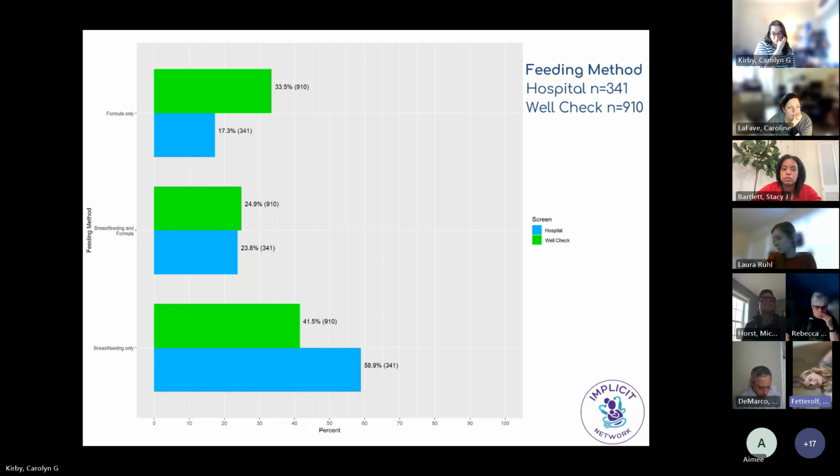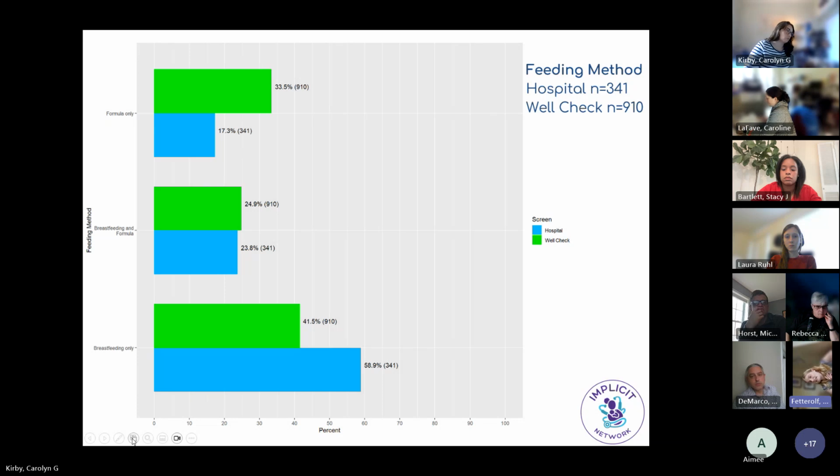Again, looking at intention versus what actually happened, and the potential of being able to track what the feeding method is after birth, because we know it may start out with human milk or breastfeeding, but it may decrease as the postpartum period continues.